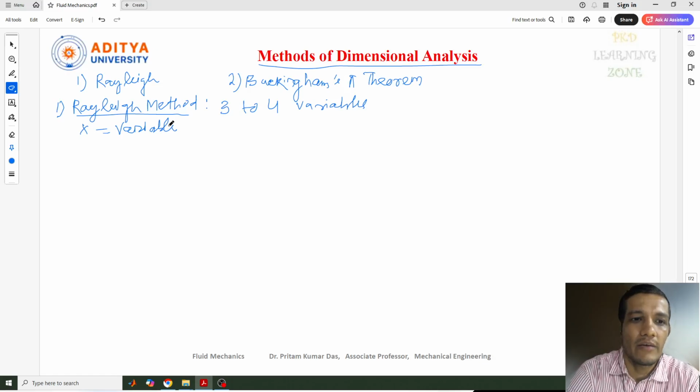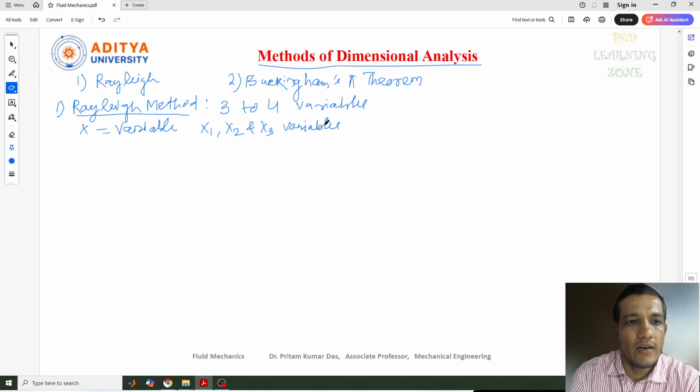Suppose x1 is there, similarly x2, and similarly one more variable, let's consider x3. These are some other variables.